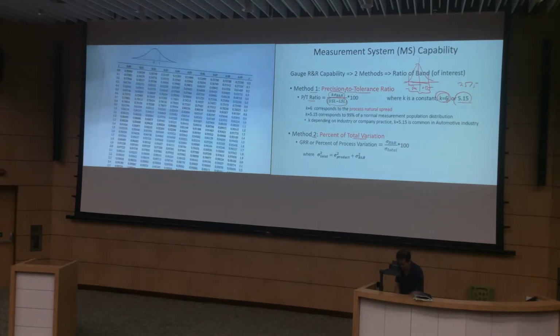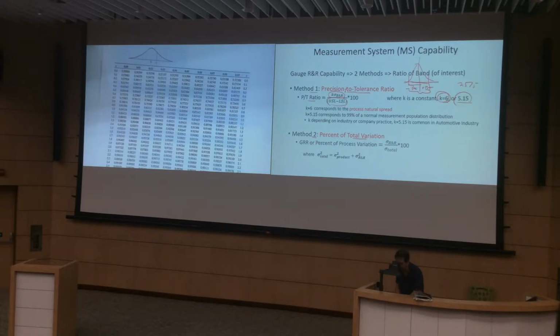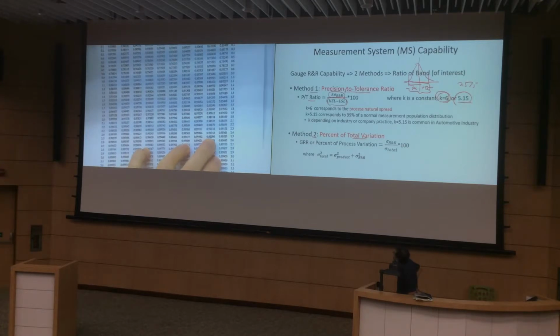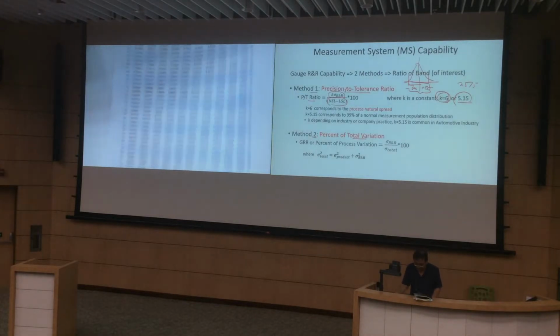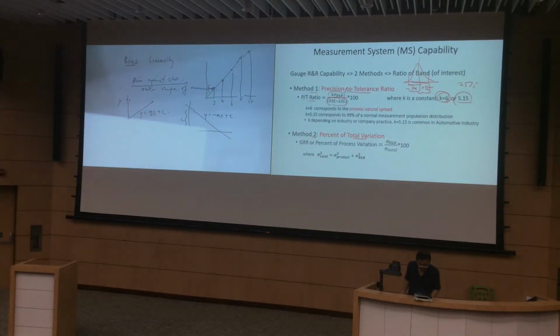To the 2.58, right? 0.995, so this symmetry, right, 99%. Okay? So you see that this habit dies hard. People want to use the 99% one, right?